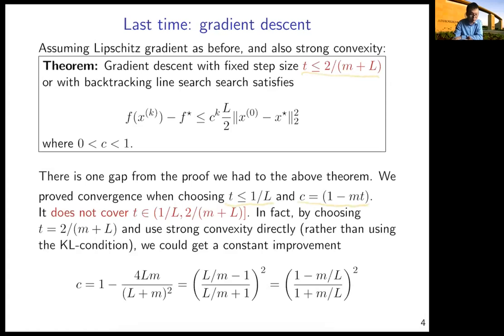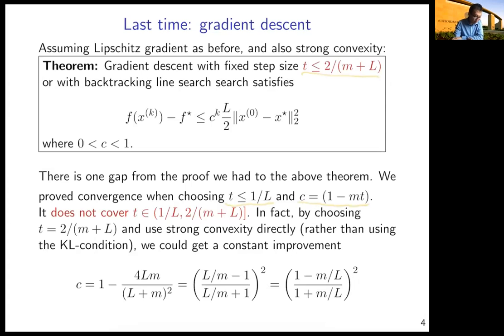So is this theorem true? It turns out that this theorem is true, and we can actually take t to be as large as 2 over m plus L. The only difference is that this only holds for strong convexity, but not for the PL condition.